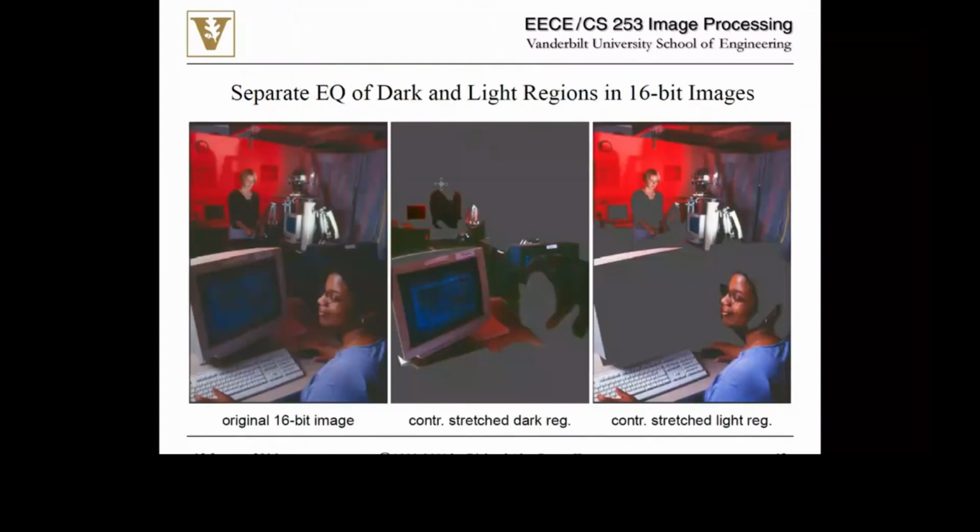Okay, so next. Let's say that we have images of 16 bits. So now that we are familiar with this concept of bits, we may select areas where we have dark and light regions. So dark and light regions, in terms of bits, what does it mean?